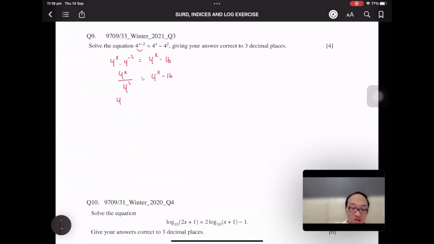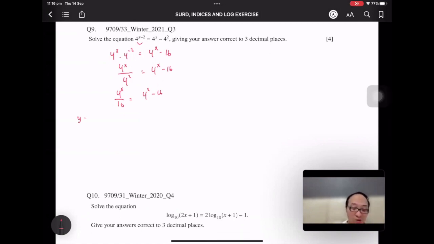So this is 4^x over 16 equals 4^x minus 16. So I can put y as 4^x. So y over 16 equals y minus 16. So y equals 16y minus 256.